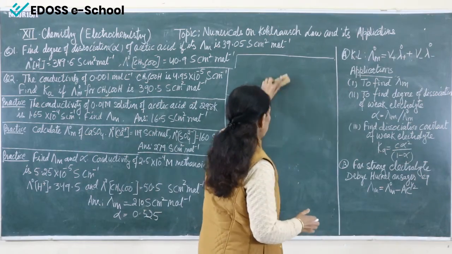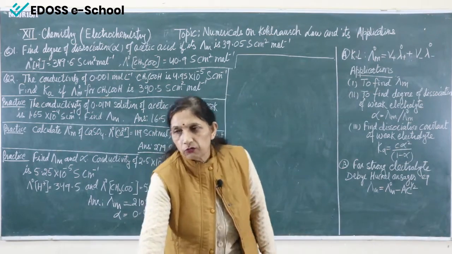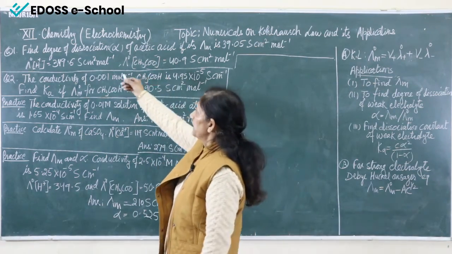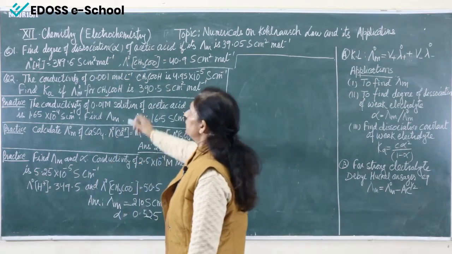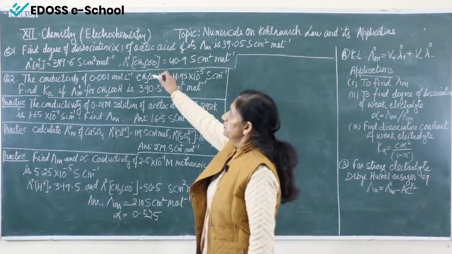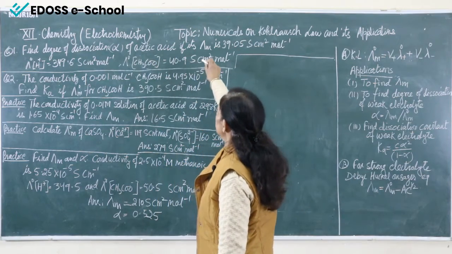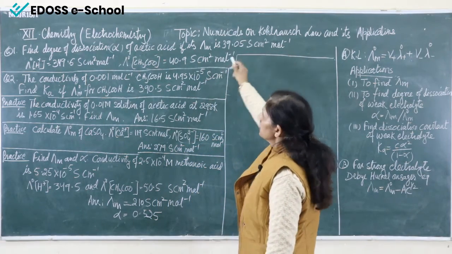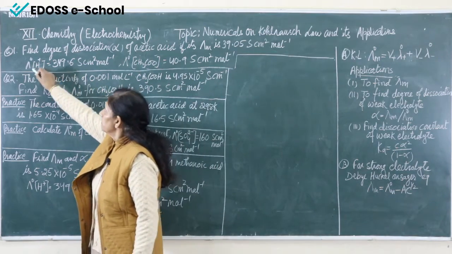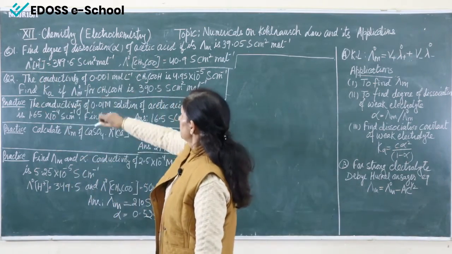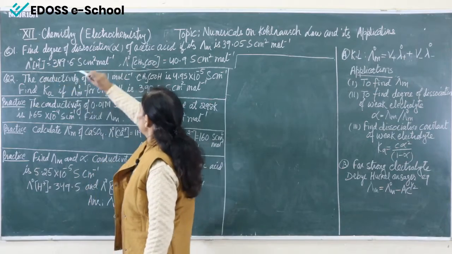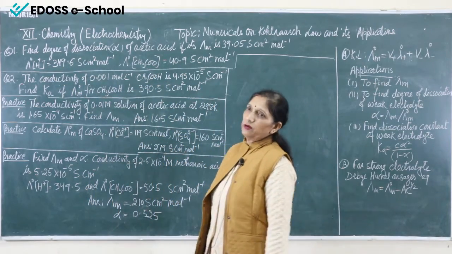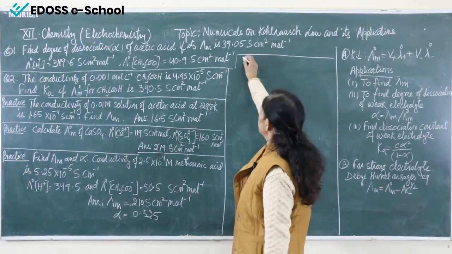Now coming to the numericals. First numerical: find the degree of dissociation, alpha, of acetic acid if its lambda m is given, and the limiting molar conductivities of hydrogen ion and acetate ion are given to us. See here what is given.